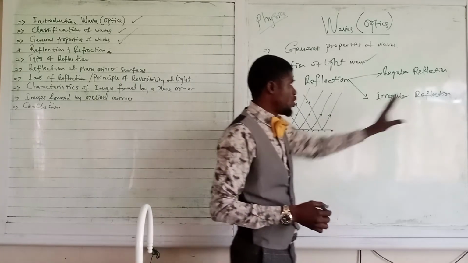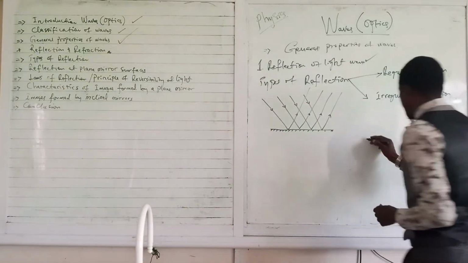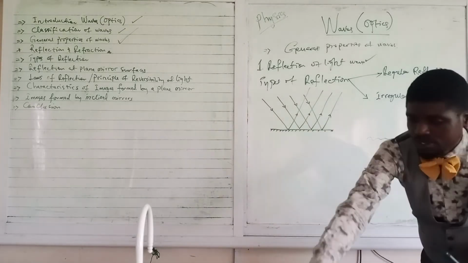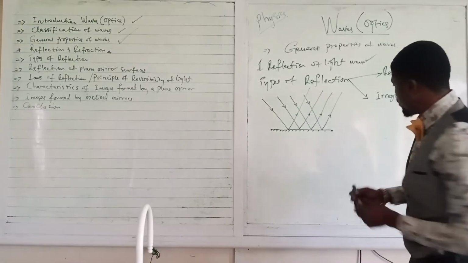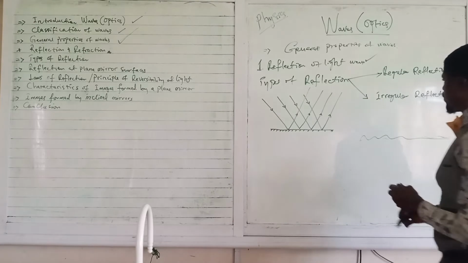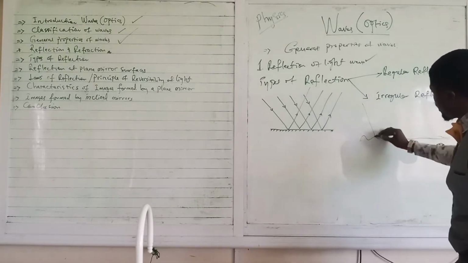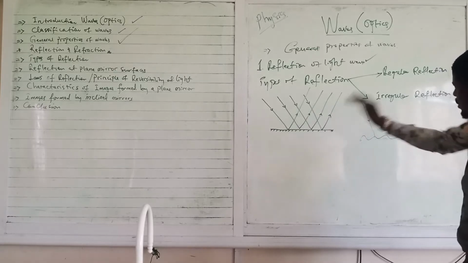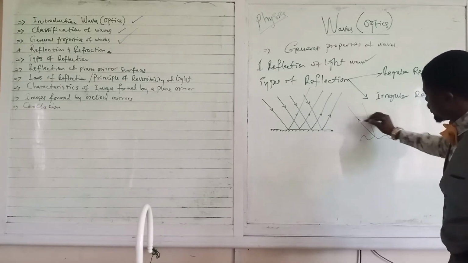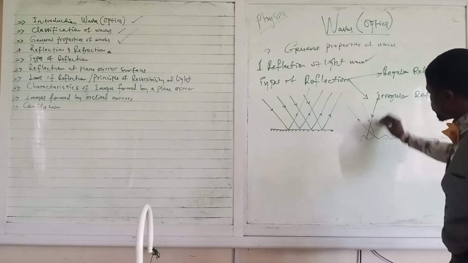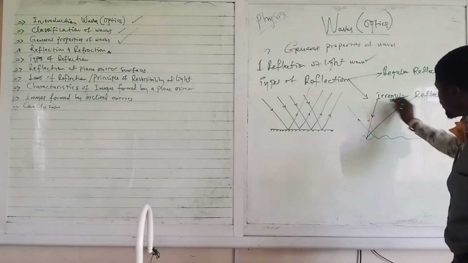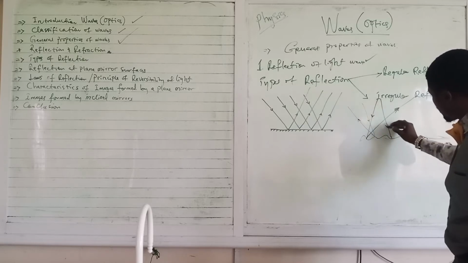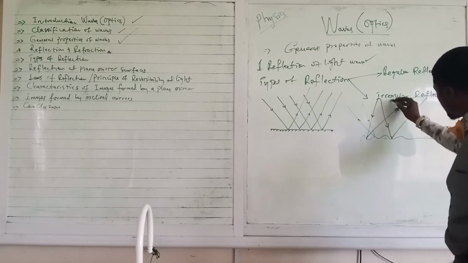For the other one, the irregular reflection, what do you have? You have something like this. It is a reflection of light waves that occurs on rough surfaces. Here, the rays are incident at different angles, and they are reflected in different directions. A ray may be incident this way and reflect this way, and reflect this way.